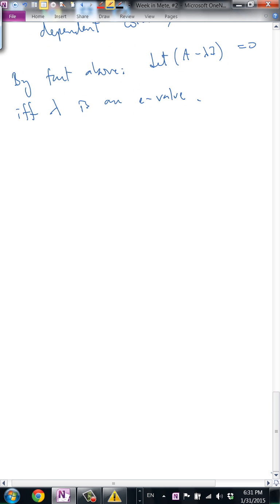So a few other linear algebra concepts we defined.